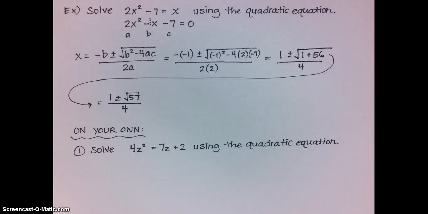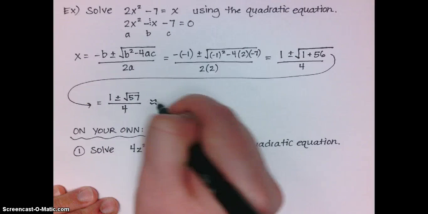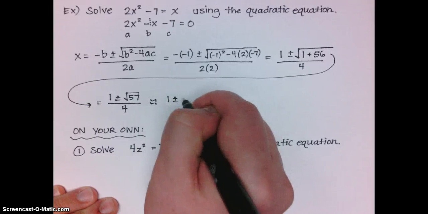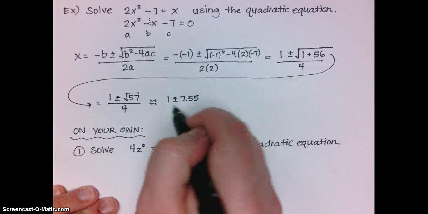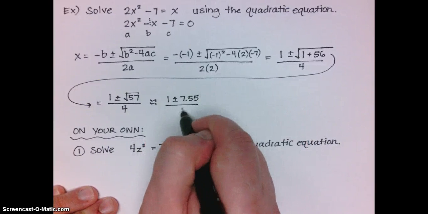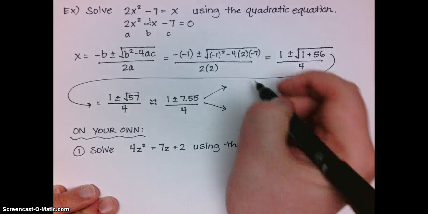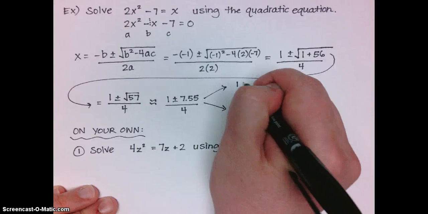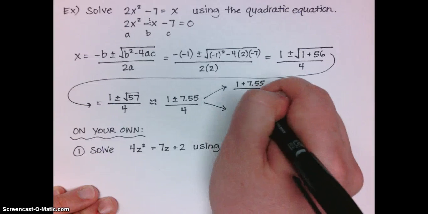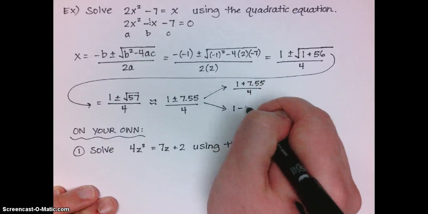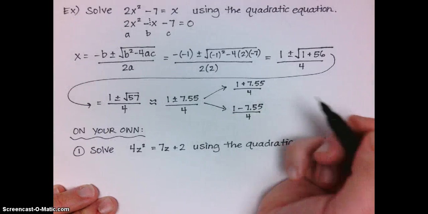And so when I plug it in, figure it out on my calculator, really it's close to 7.55, so 7 and 55 hundredths when I rounded it, dividing that by 4. So now I can separate this into my two different groups. 1 plus 7.55 divided by 4, and also 1 minus 7 and 55 hundredths divided by 4.